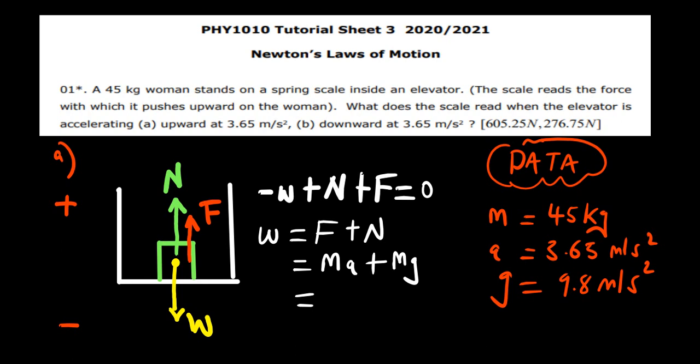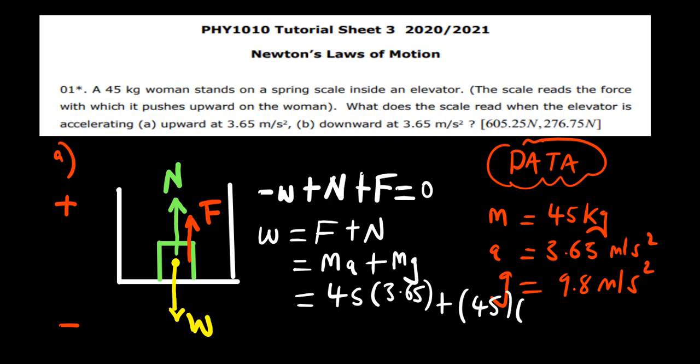So the mass for this woman is 45, multiplied by the acceleration we've been given, which is 3.65. I'm not going to write the units. Then the mass is still 45, it doesn't change.